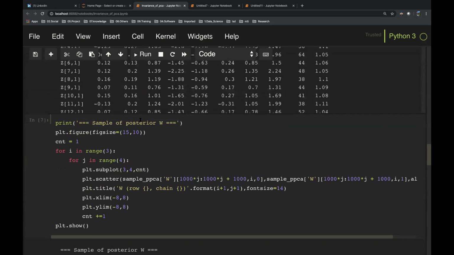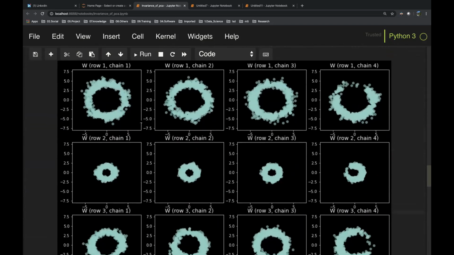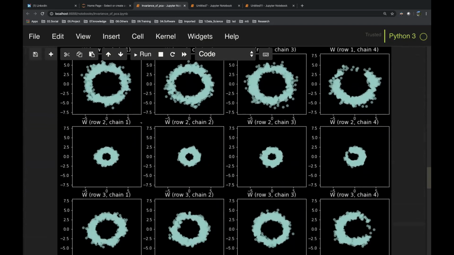Then the result is here. Interestingly, the sample from the posterior distribution looks like a donut, like a circle, because a rotation of W has the same probability distribution of X. That's why the likelihood function has the same likelihood.